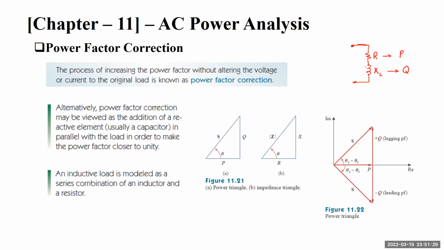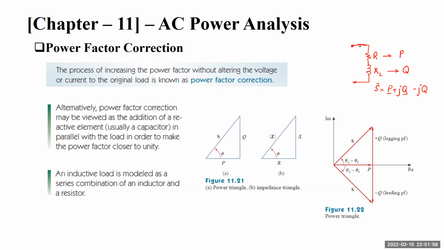So what is happening here is that we actually need a power equal to S in order to support such a load. The useful power is P, whereas Q is the power that is not used in any useful work. So how do we compensate this? We compensate by adding a minus Q to this whole system.